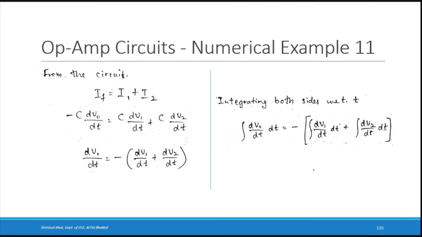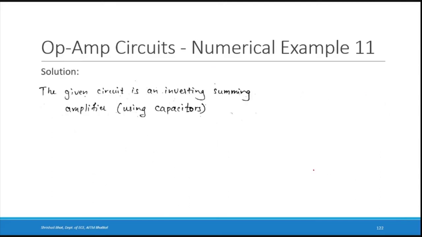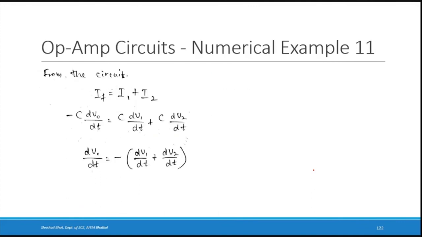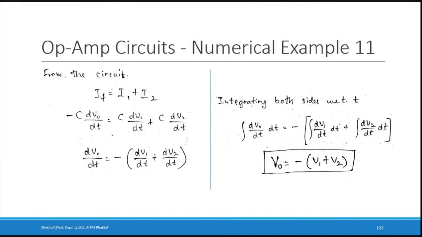Since all the 3 capacitances are equal, given as C, they get cancelled in the final expression. If the values of capacitance were different, if it was C1, C2, C3, or C1, C2 and CF, then they would remain in the final expression. But since all the 3 capacitors are the same here, they have got cancelled, and V0 we have obtained as minus of V1 plus V2.